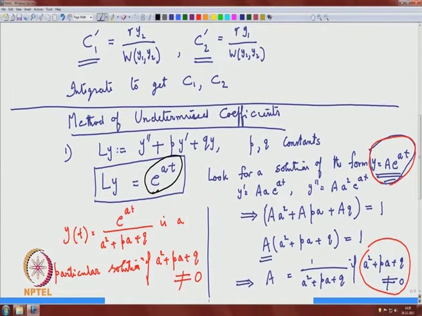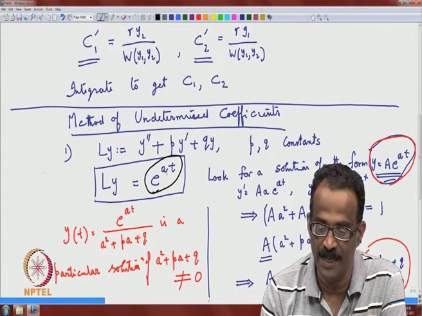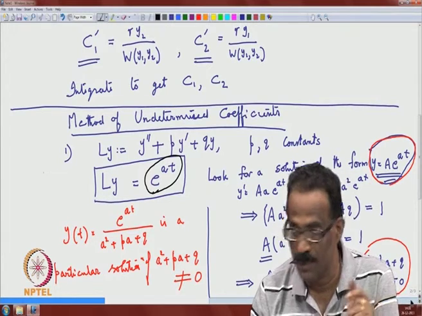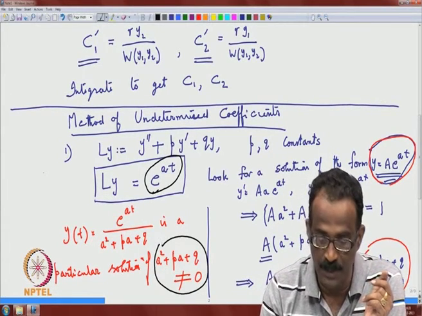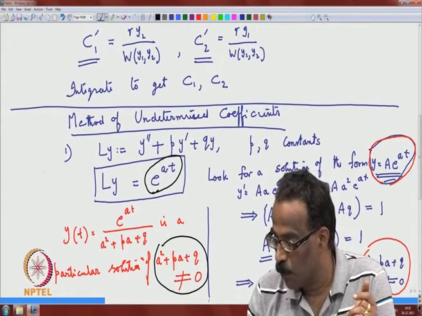So, if the forcing function has the form e power a t, then if a is not a root of the auxiliary equation, you have an immediate solution of that form.